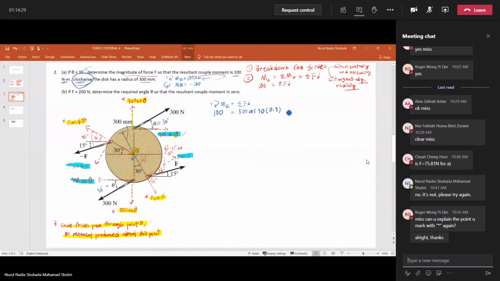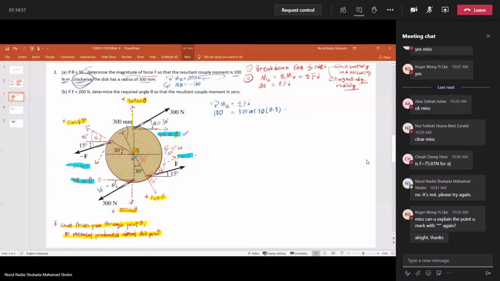We already settled this force, and now we take this force. This force should be negative, because as you can see, this is clockwise, and the force here is actually anti-clockwise, because it's opposite direction to the rotation of the disc.